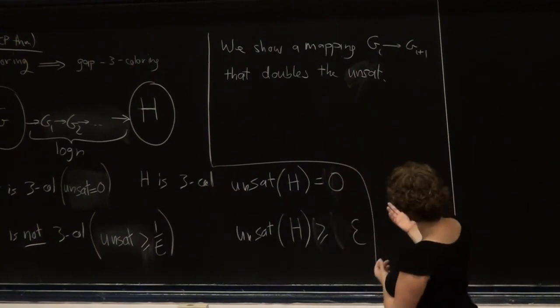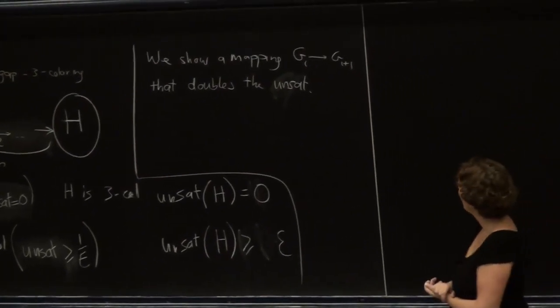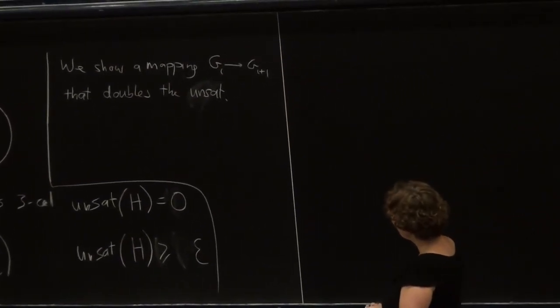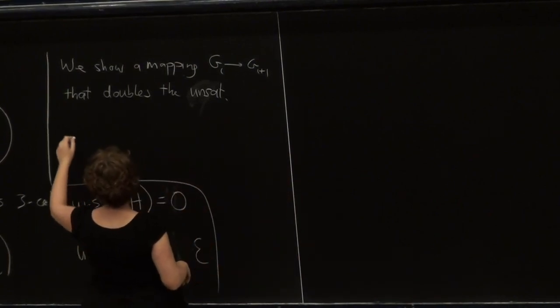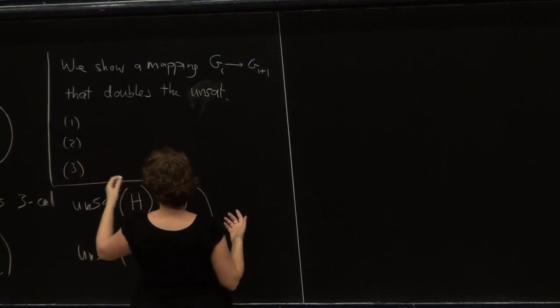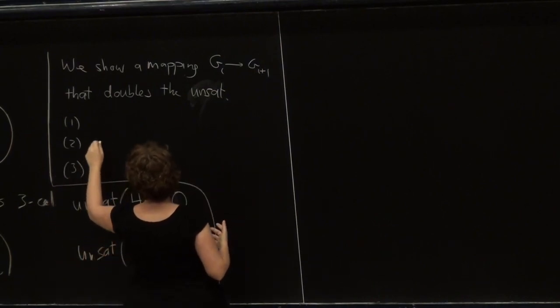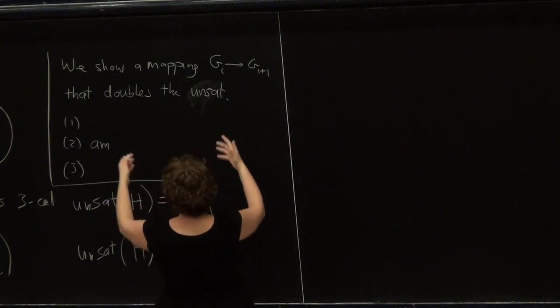And the way we'll do it is by doing some kind of parallel repetition, some kind of twist on parallel repetition. So this transformation will have 3 steps. 1, 2, 3. The main step is this amplification, or doubling the ansatz is like amplifying the ansatz, right?